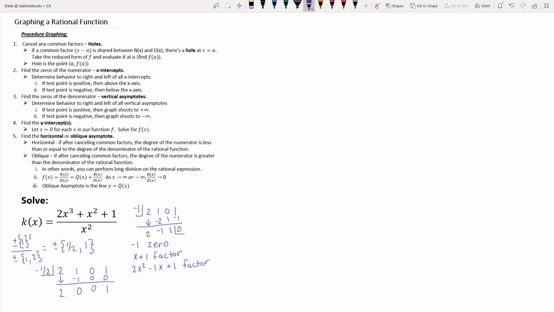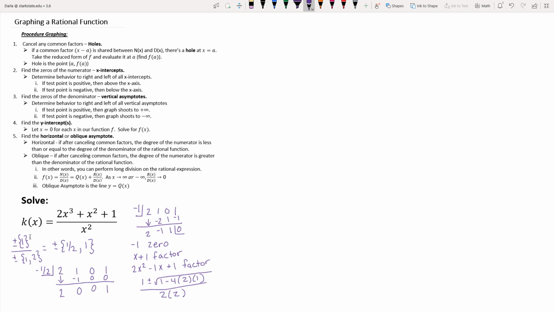And the question is whether that factor will factor any further. If you were to do the quadratic formula on it, the opposite of b is 1 plus or minus the square root of b squared, which would be 1, minus 4, a would be 2, c is 1, all over 2a.